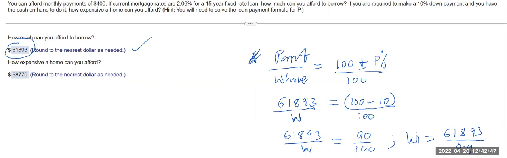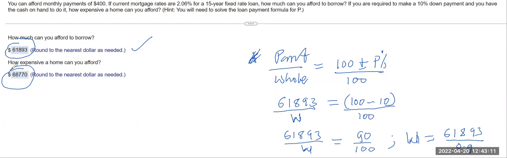So when you do 61893 divided by 0.9, that gives you this amount as how expensive a home this person will be able to afford. Okay, so how much he can borrow is equivalent to 90%.